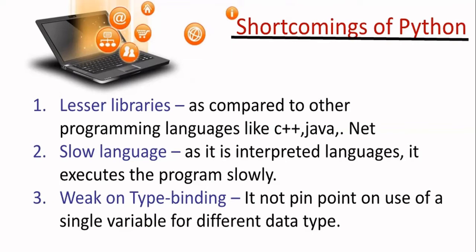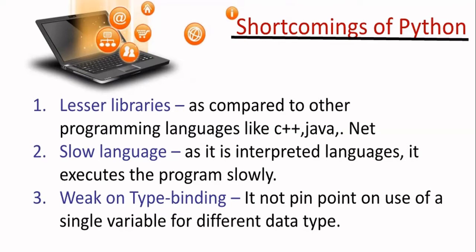But in an interpreted language, every time you run the program, each and every line is checked for errors. So once your program is ready and it is error free, still the next time it will at least do the error checking. So it is time consuming.